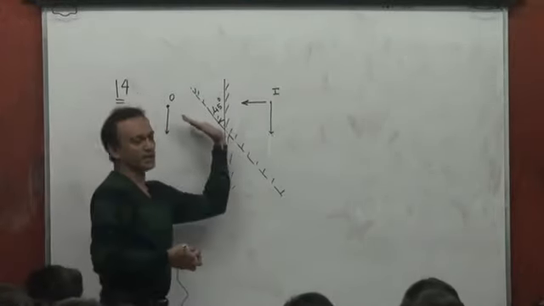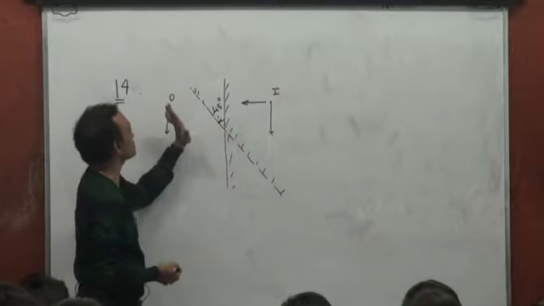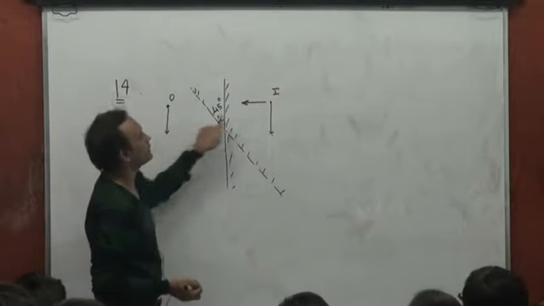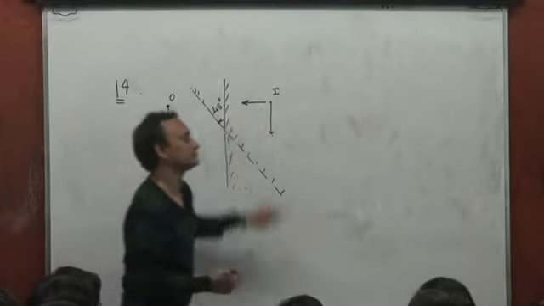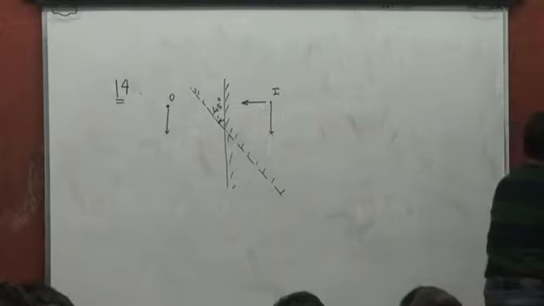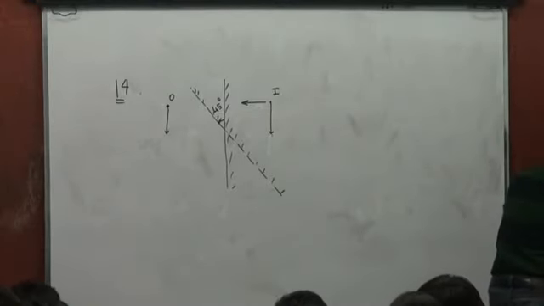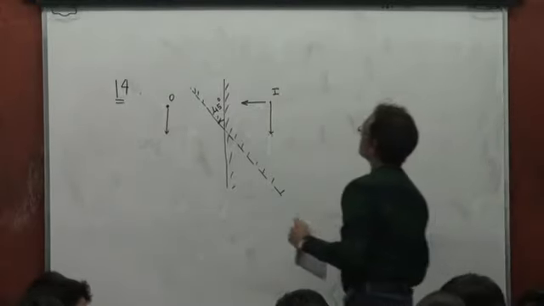So if the mirror is rotated by 45 degrees and the object moves vertically, then the image would move horizontally, right? Now the next problem is precisely based on this idea.